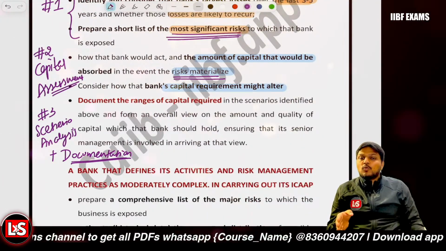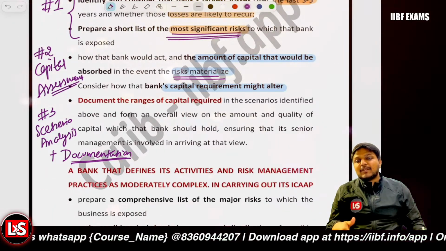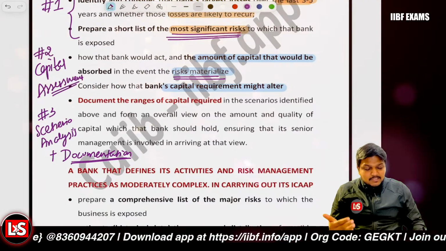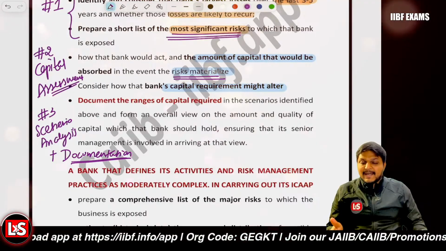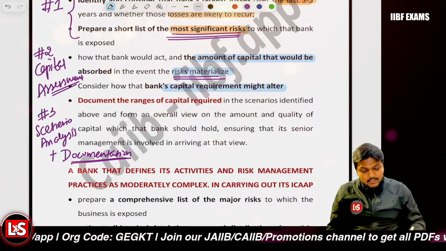We should be looking into the change in the capital requirement: previously what capital we were requiring, and now what capital we are requiring. So what is the capital adequacy required under the stress situation also. Scenario analysis must be there, and capital range estimates must be prepared. That's about the documentation part.